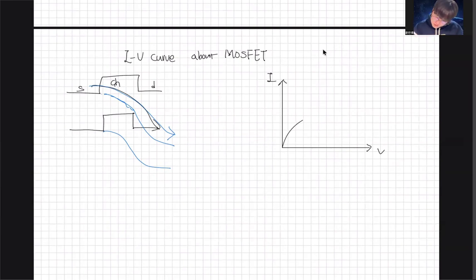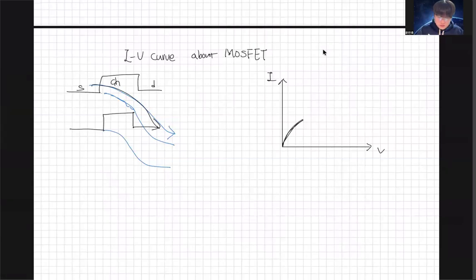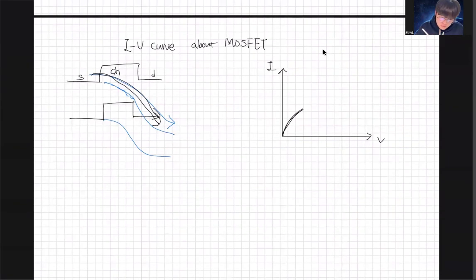But if we increase the positive bias on the drain, at some moment there is pinch off, the edge of saturation, because otherwise the current would flow to infinity.